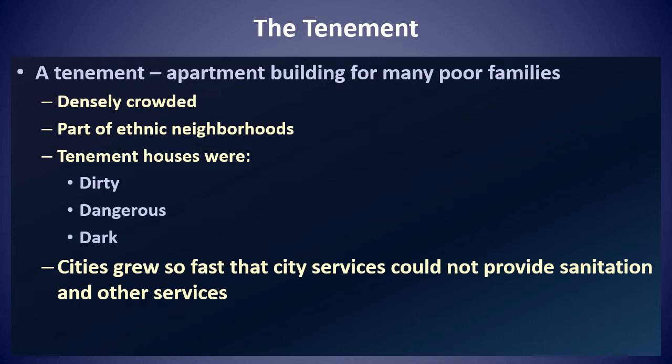Sometimes the cities just didn't care, and they left it up to private companies to provide these things with pretty disastrous results. So we're going to take a look at some of the nastiness of these places, which became breeding grounds for disease and crime.